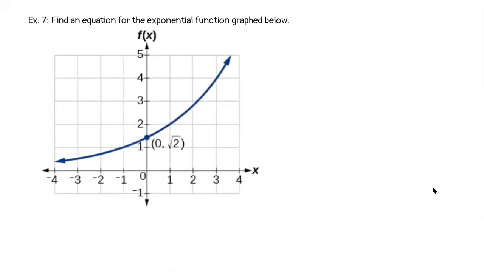We're going to find an equation for the exponential function graphed below. All right? So in the past, we said, number 1, find 2 points. So what would be some good points to use here?